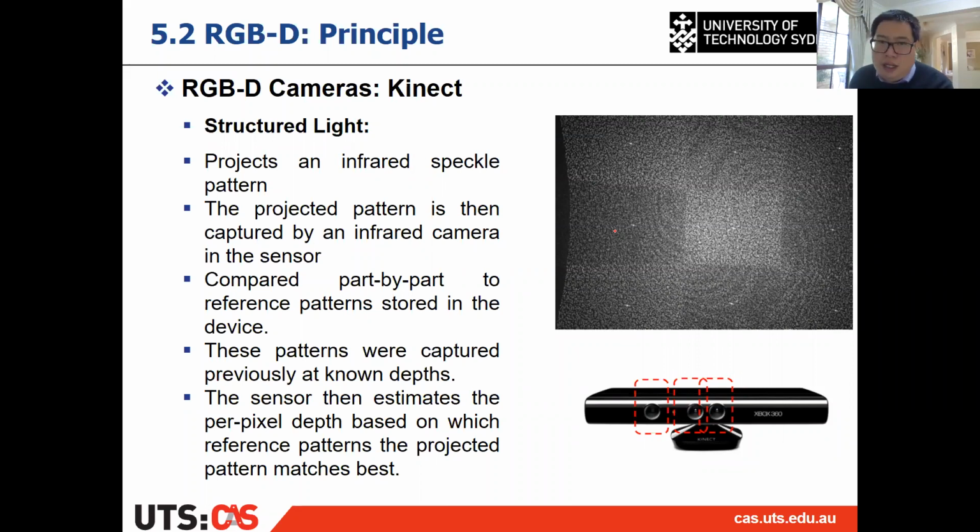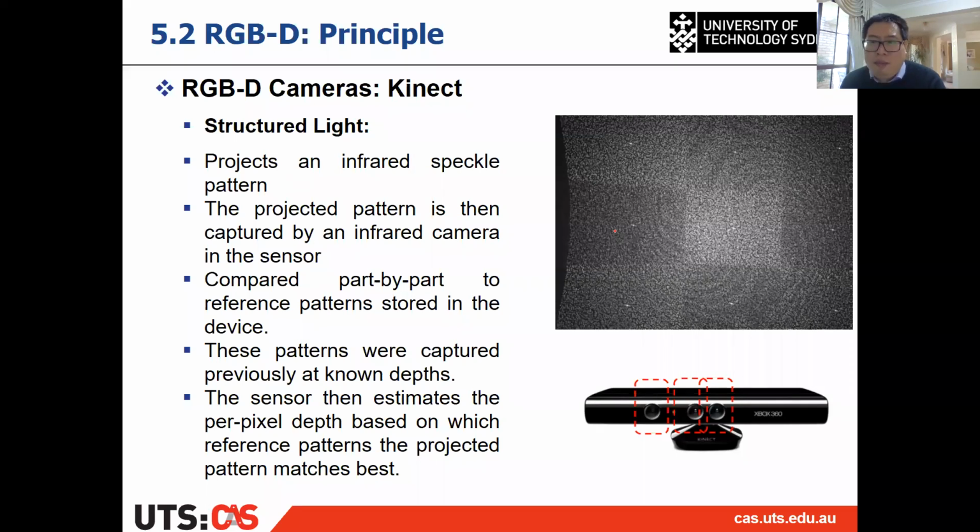So what is structured light? What's the principle behind Kinect? There is a projector, and it will project a designed IR pattern. And then there is an IR camera that can capture the IR pattern, and on different objects, the pattern will deform in different shapes.